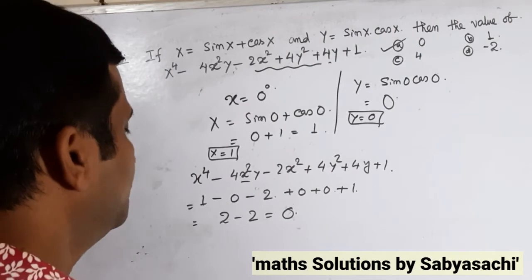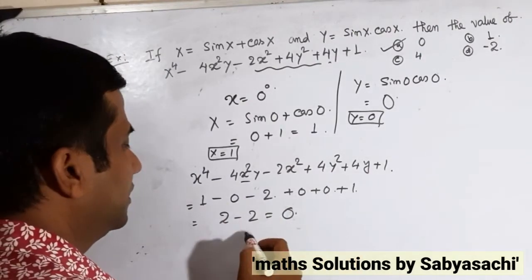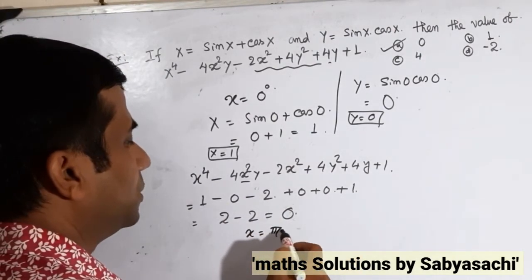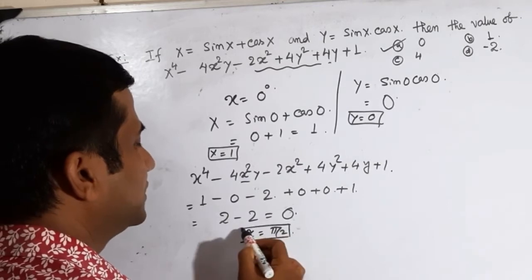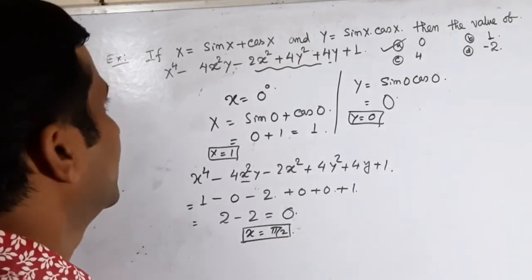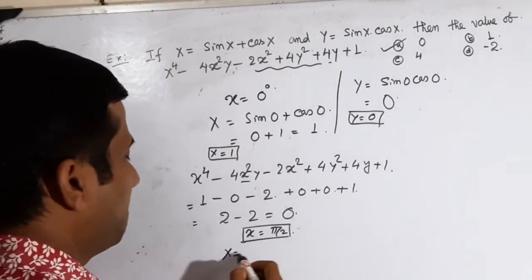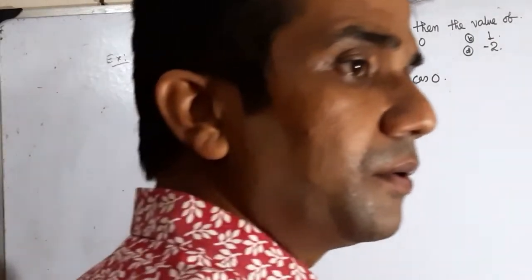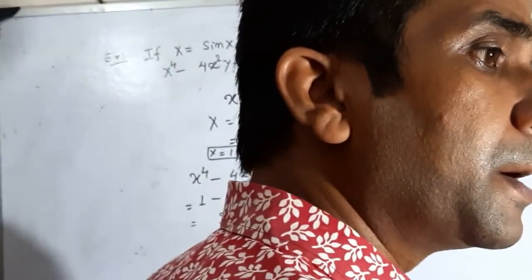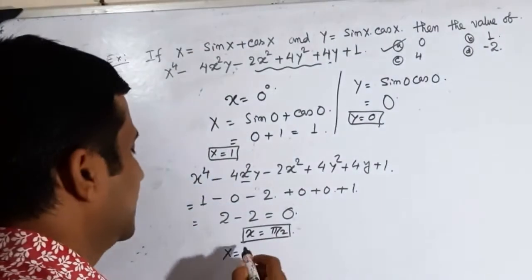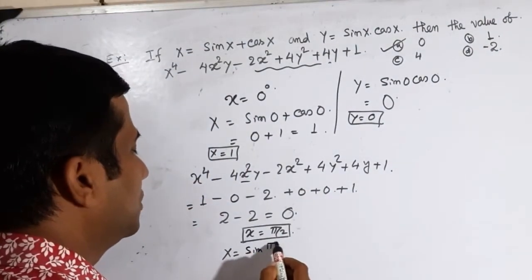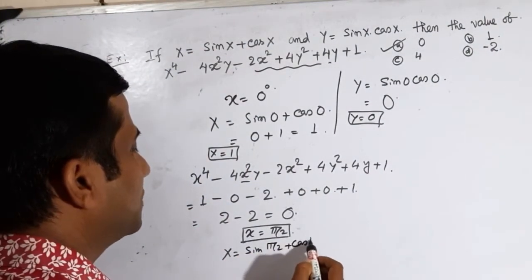You can put here x is equal to pi by 2. Putting x is equal to pi by 2, we get x is equal to sin pi by 2 plus cos pi by 2.